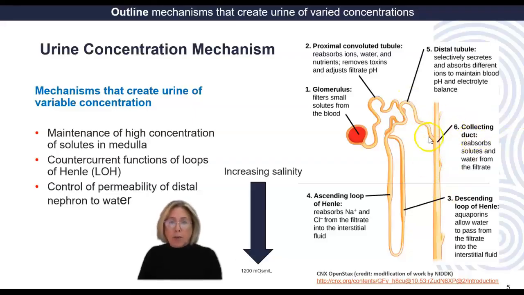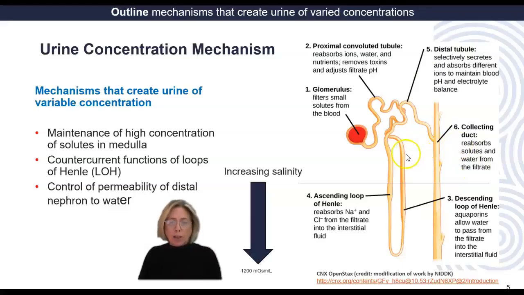And then finally, we have the collecting duct, which reabsorbs solutes and water from the filtrate. And here I'm really going to be talking about antidiuretic hormone, and we'll also talk about aldosterone as well, in terms of the control that they have on this distal part of the nephron in determining how concentrated the urine is going to be.